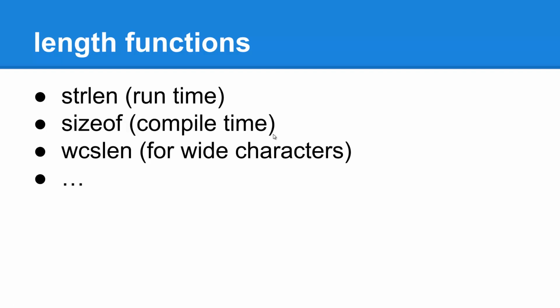If you look at gcc.godbolt.org and play around with comparing the result of strlen and sizeof, you'll see that instead of sizeof being called, there will just be a hard-coded number returned, and that's produced by the compiler itself.